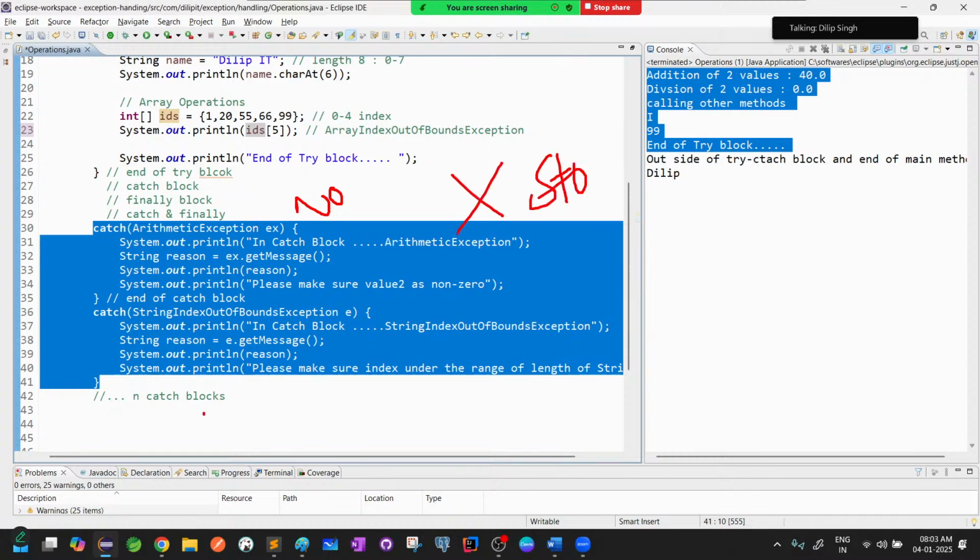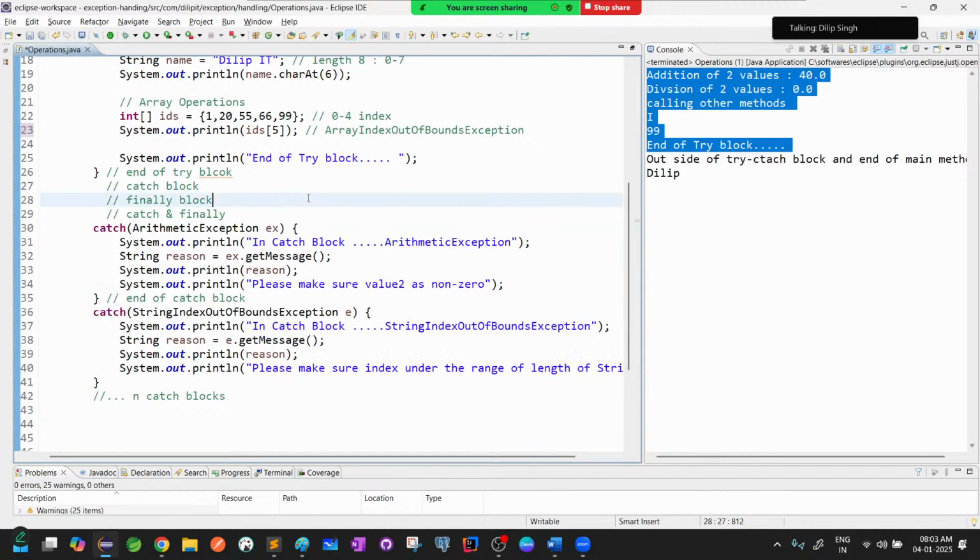That means it will not worry about the rest of the logic. Because you are not handling the exception, the JVM will stop the execution flow, leave the flow, and not execute the rest of the logic. That is the point with respect to try and catch.